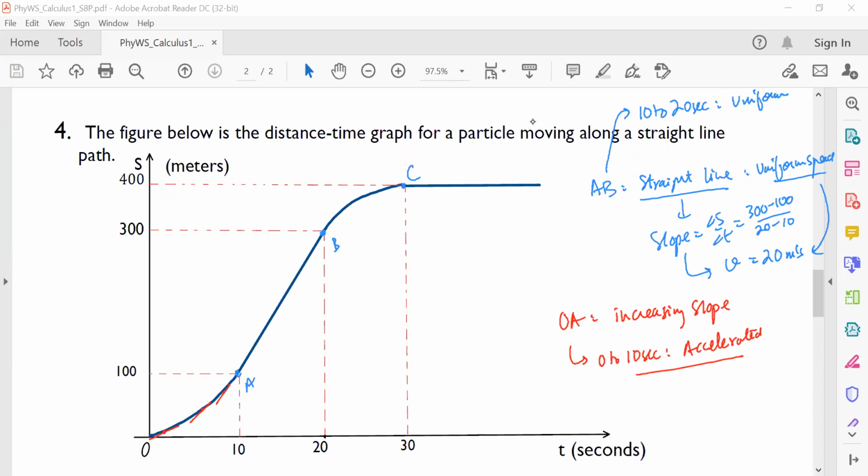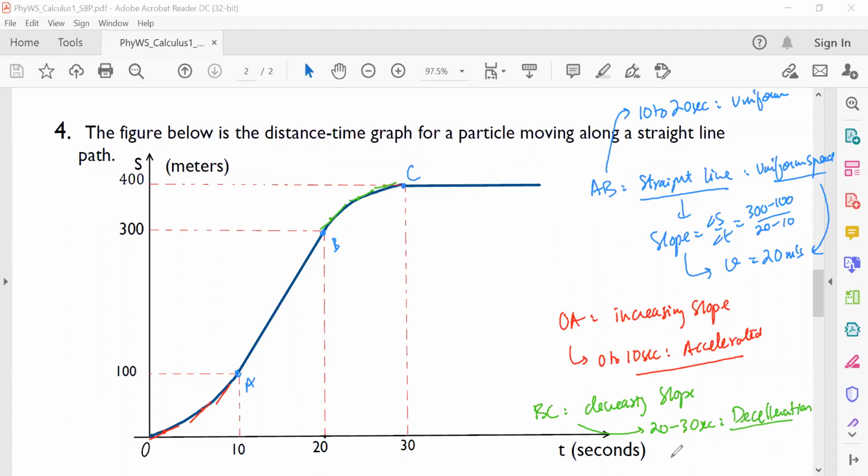Now again, if you come to this part, from B to C, the slope is decreasing. We draw tangents like this, so you can see we have decreasing slope. That shows us that from 20 to 30 seconds, we have decelerated motion.